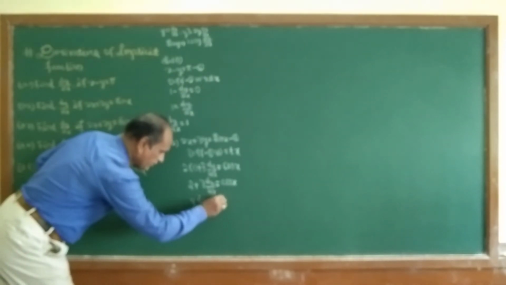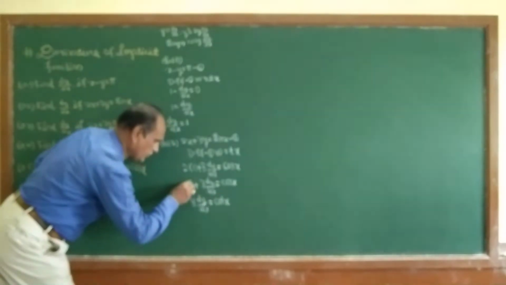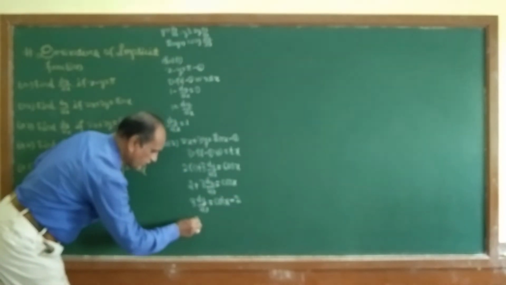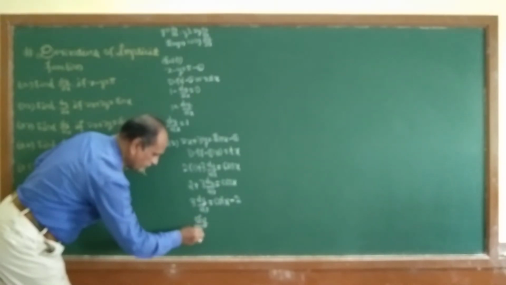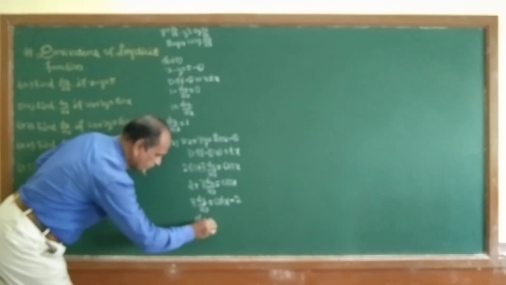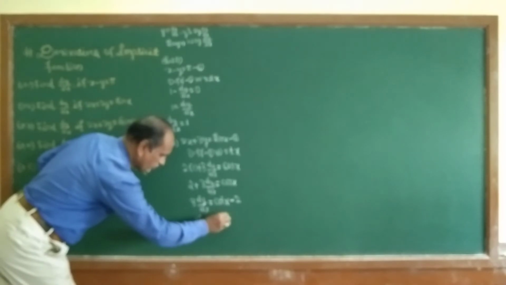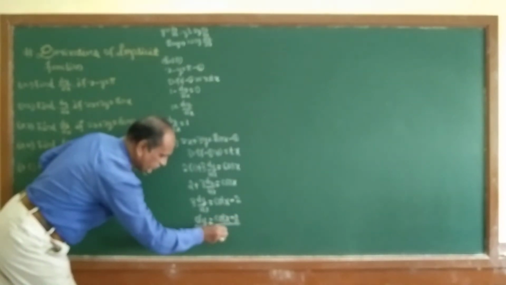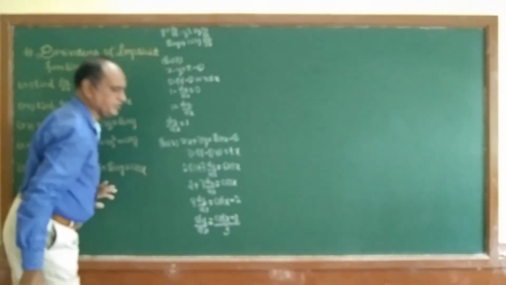Lifting this 2 to the other side gives minus 2. Write the last answer: dy by dx is equal to cos x minus 2 divided by 3.